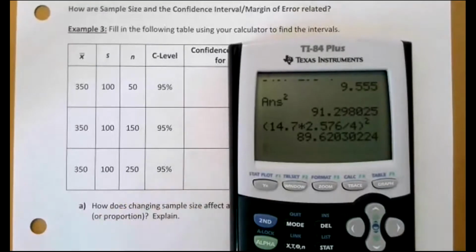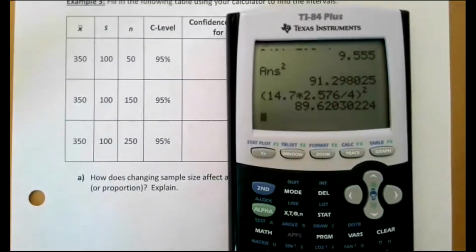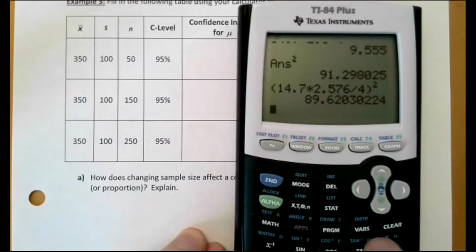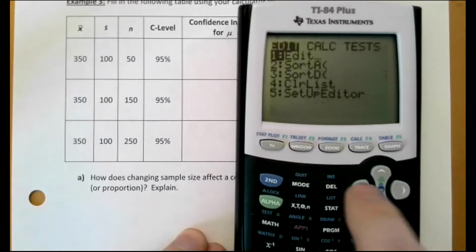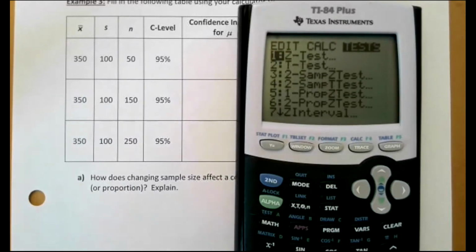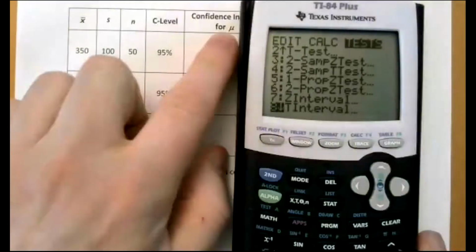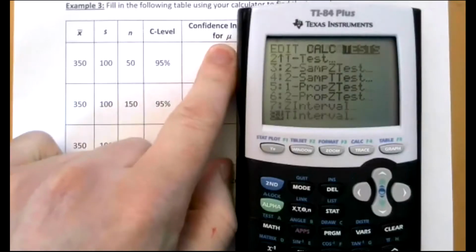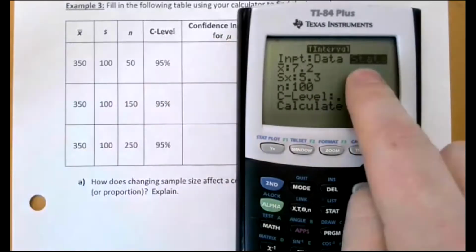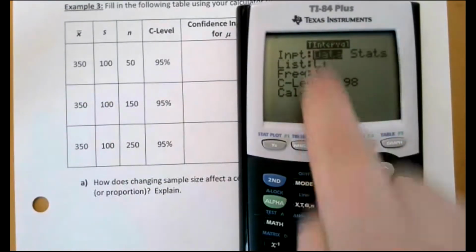So to do this, if you recall, to get a confidence interval, you hit stat, you go over to tests, and this is a T interval because we're working with a mean. Now we don't have data, so we can't use this one.